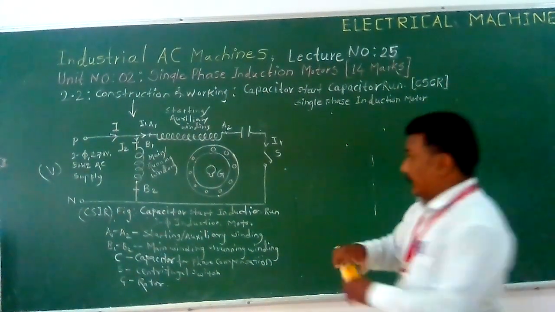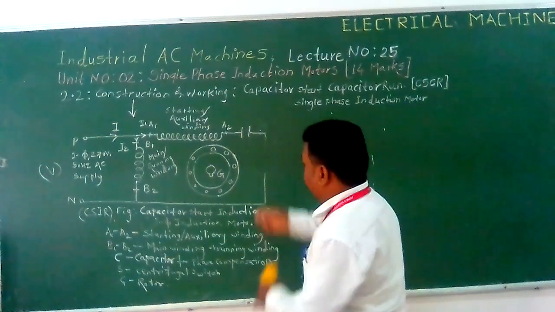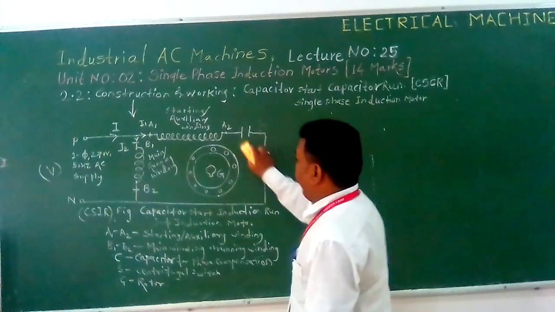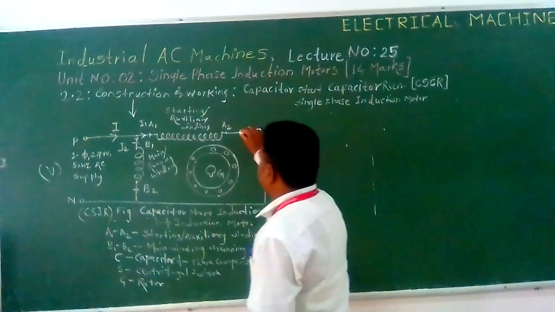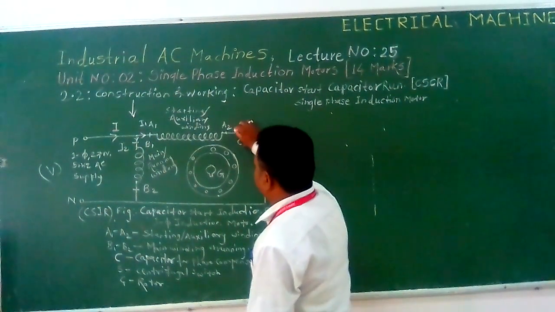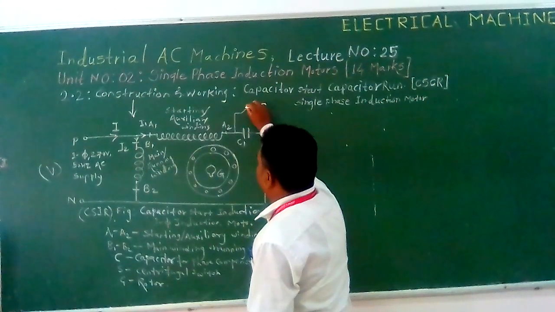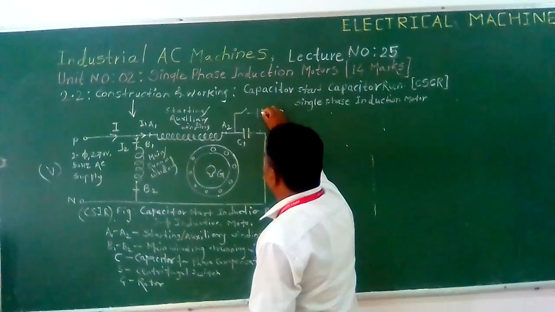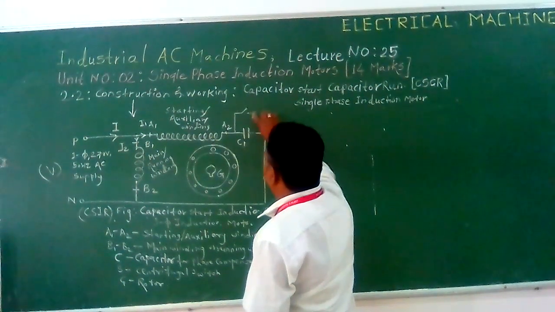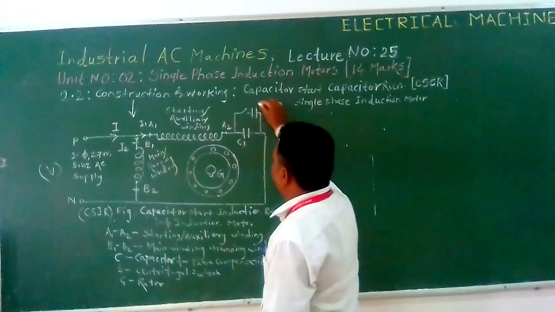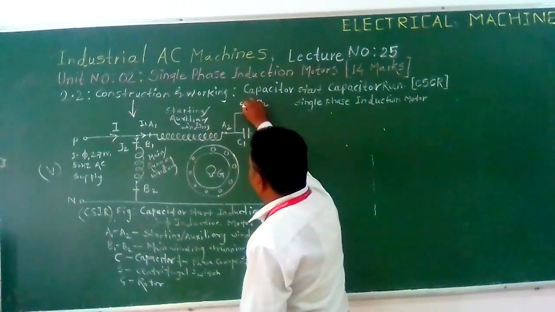Here a switch is located at another point, in the closed loop, but the capacitor is replaced: capacitor C1 is here, and a parallel combination, the centrifugal switch and another capacitor C2, is here.